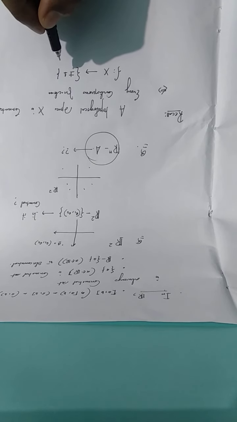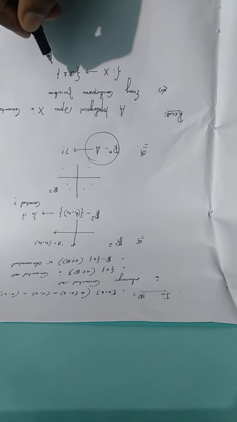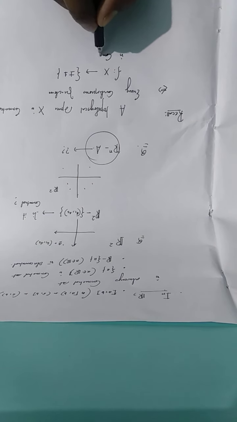Not only here we take plus minus 1, you can take plus minus 2, plus minus 3, two different points also. Every constant function f from X to {plus minus 1} is a continuous function.